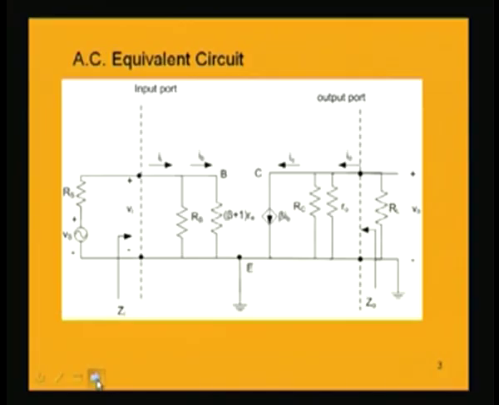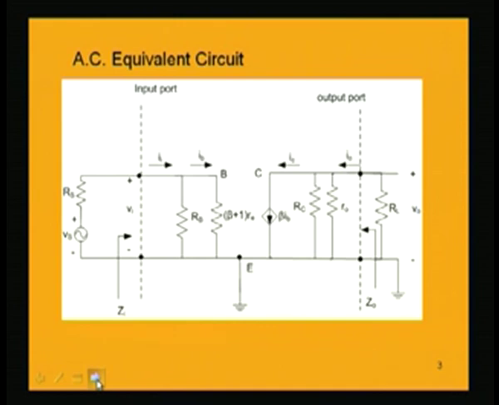But before that, we must draw the AC equivalent circuit for this amplifier, including the transistor model which we discussed earlier, that is the re model, which we will take for replacing the transistor. Following the procedures we discussed earlier, we draw the AC equivalent circuit by first making the DC source 0, that is short circuiting the DC source.